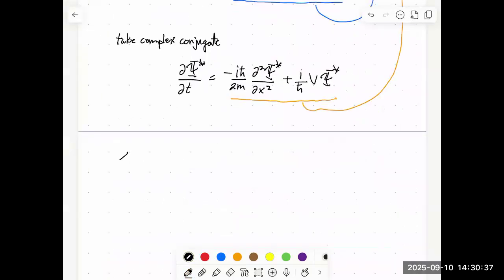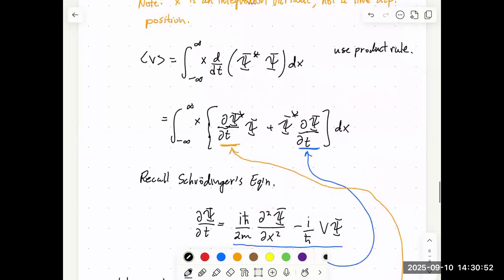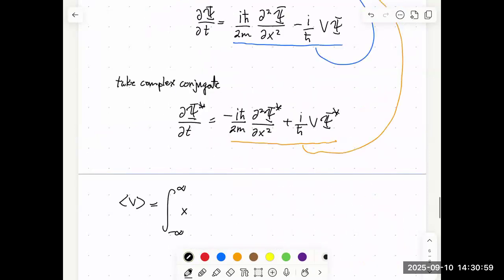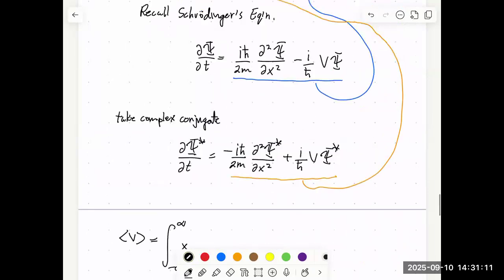So we were calculating the expectation value of the velocity. We had the integral from minus infinity to infinity of x times, let's have a look at it. First we have the time derivative of the conjugate, and so that's going to be this orange stuff here.